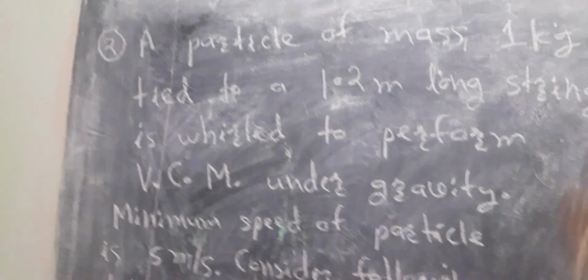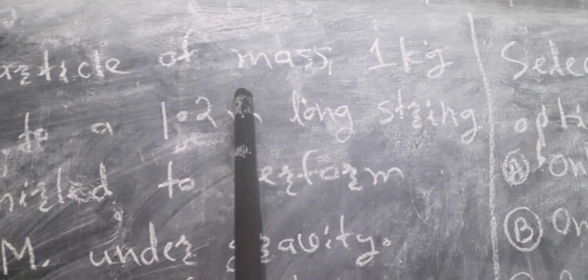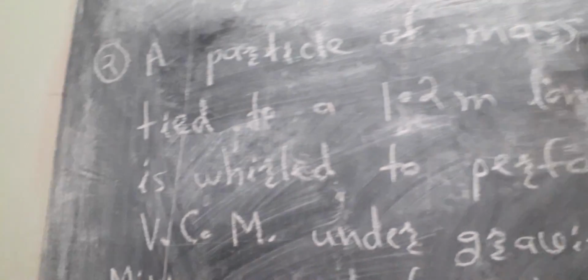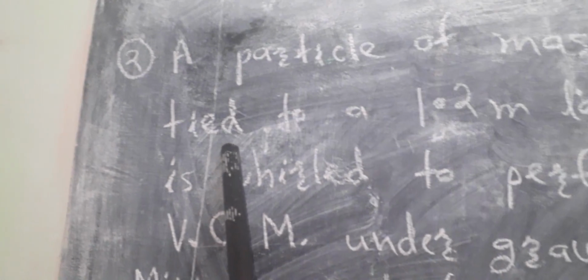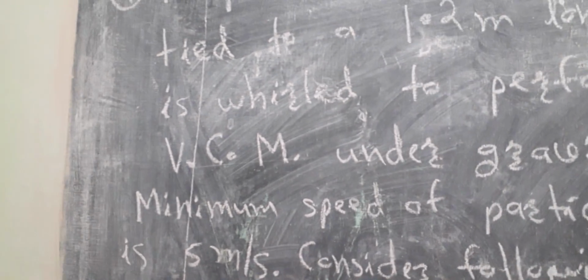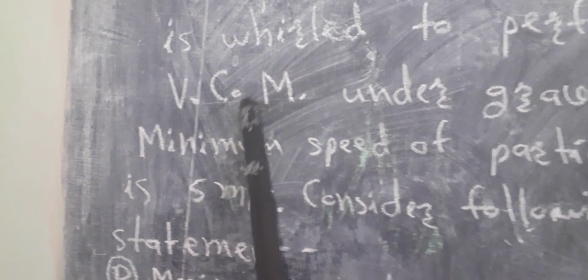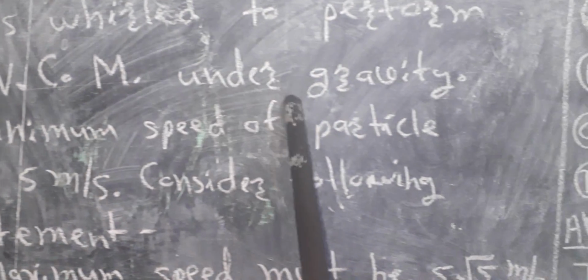Next multiple choice question. A particle of mass 1 kg tied to a 1.2 meter long string is whirled, that means rotated, to perform vertical circular motion, VCM, under gravity.